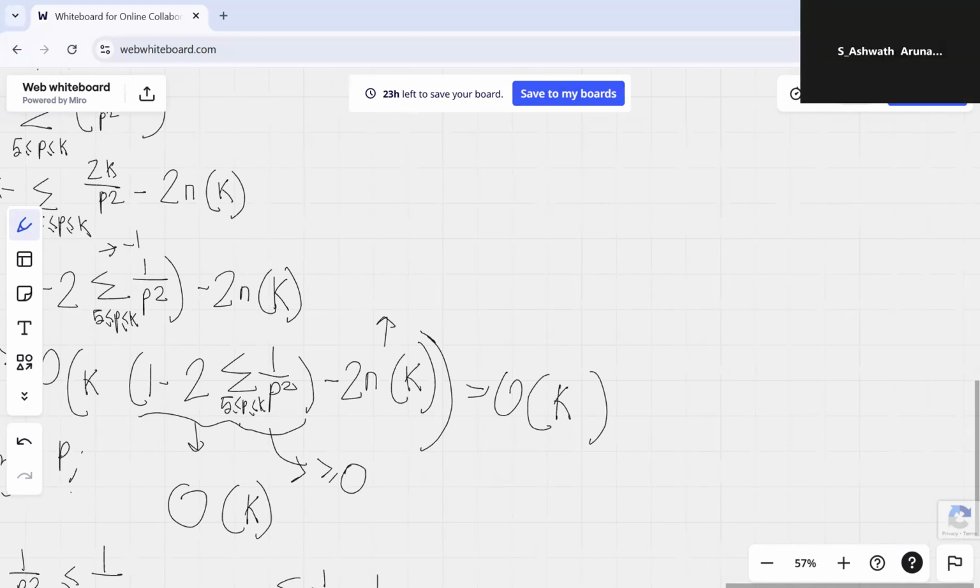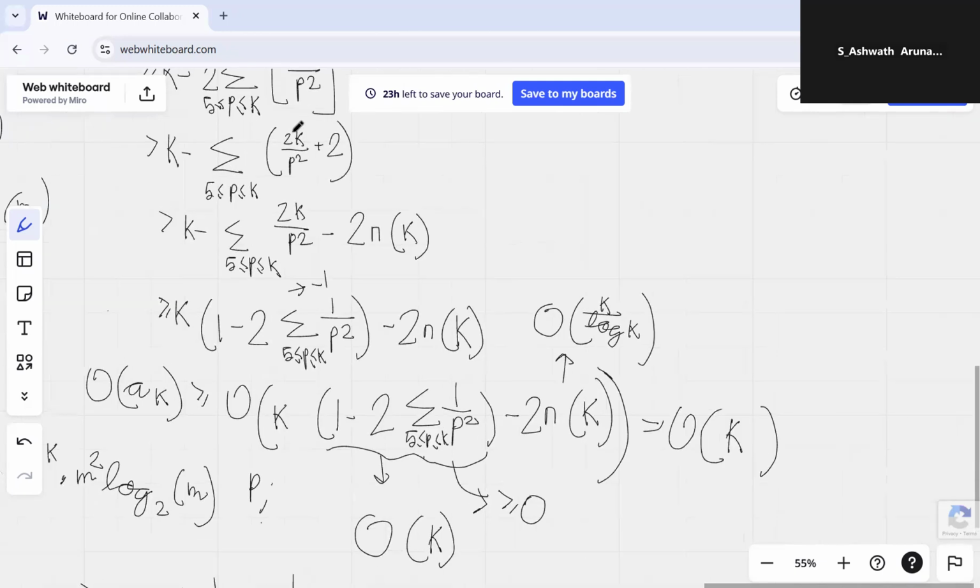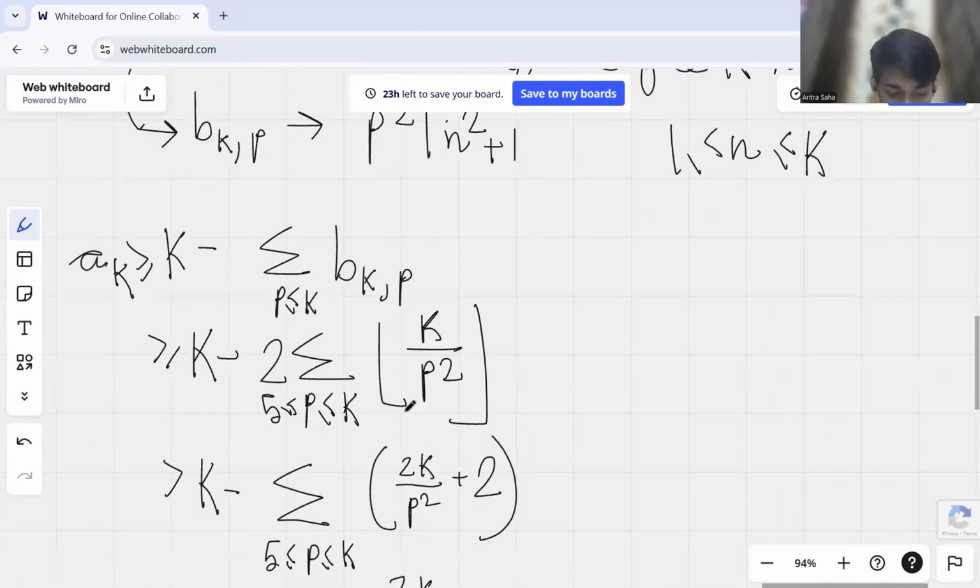I'm sorry, but I didn't get why you have to do the plus 2 up there. Because we want to remove the floor sign. But floor of k by p squared would be greater than k by p squared, right?